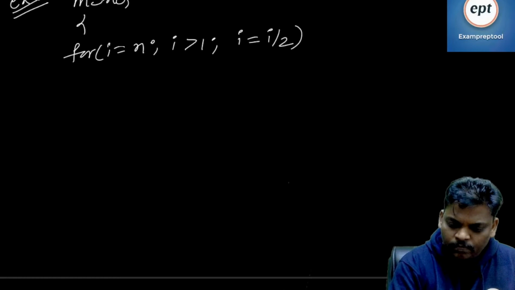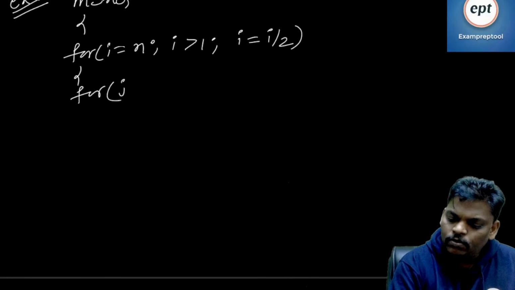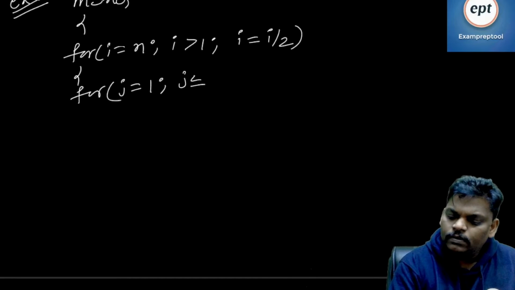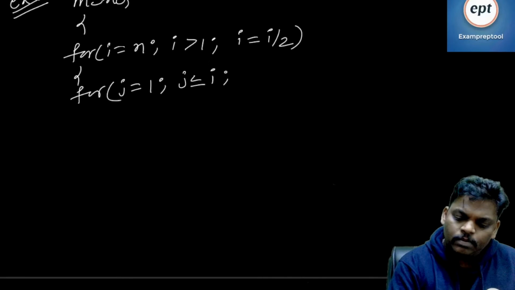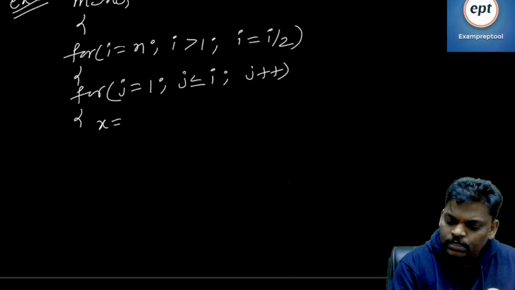Next one, for j is equal to 1, j less than or equal to I, j plus plus, x is equal to y plus z. This is the problem.